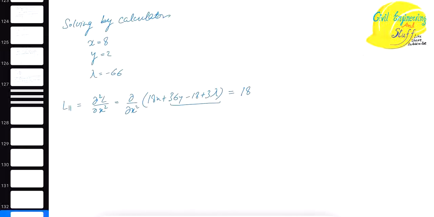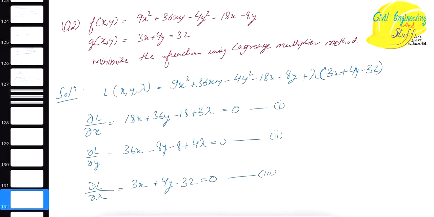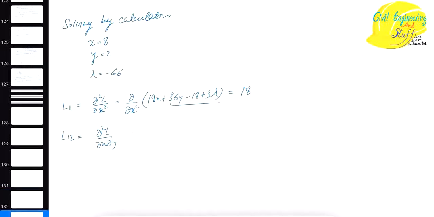Okay, again for L12, partial differentiating equation number 1 now with respect to y, which is the partial derivative of 18x + 36y − 18 + 3 lambda. On solving it, we'll have this to be 36.